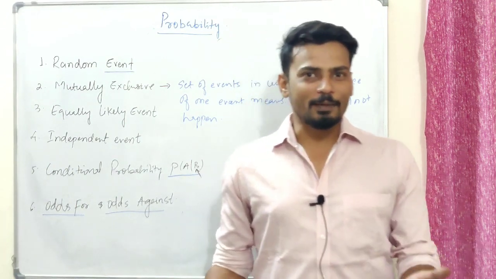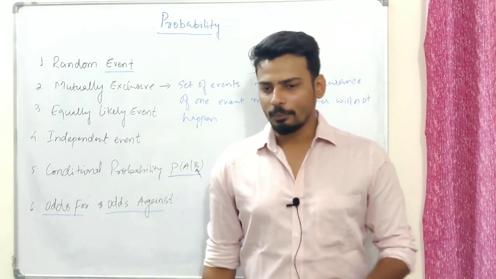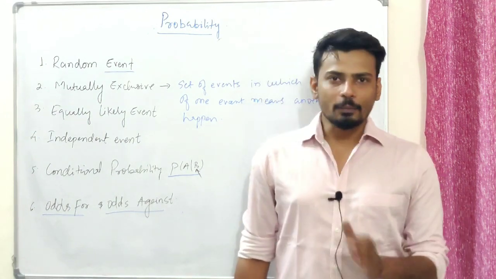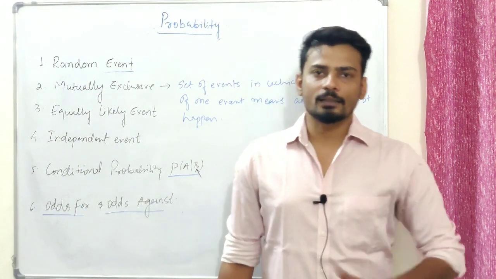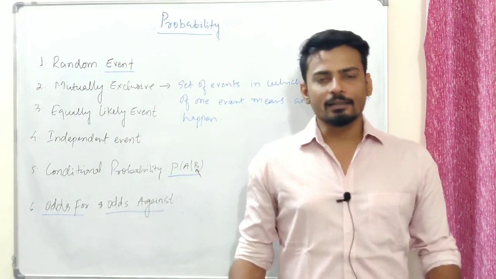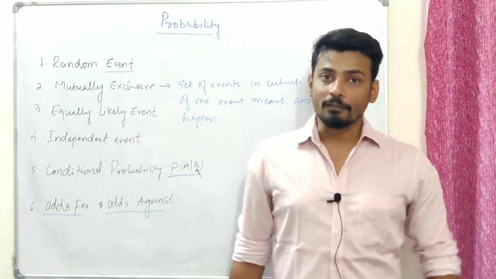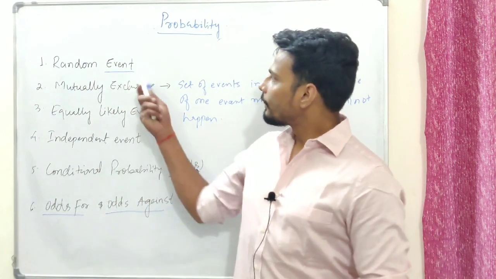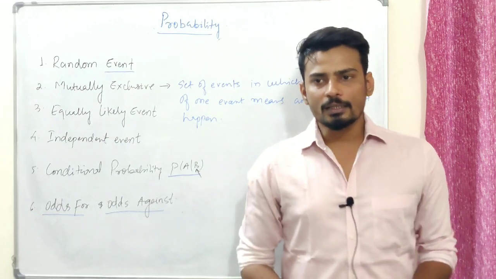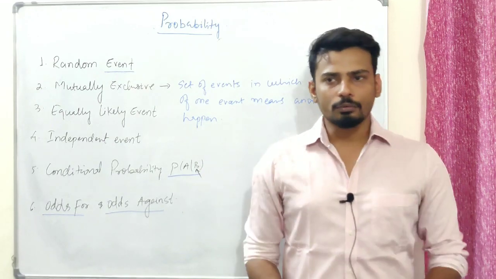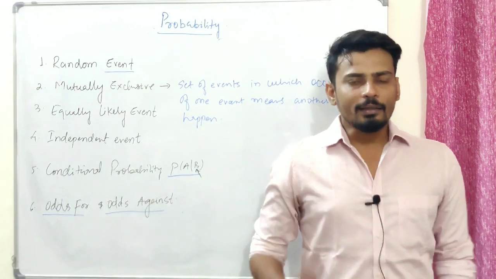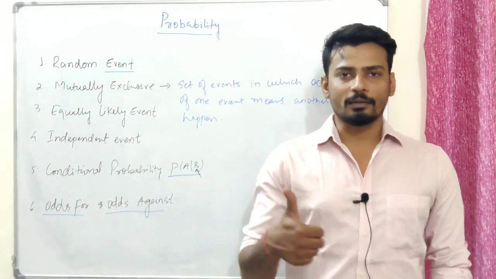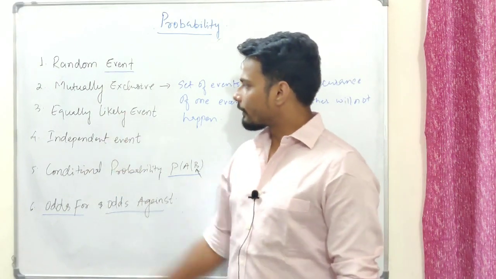Until Mama Shakuni is playing this Ludo, I'm sure you have heard about this in the Mahabharata. That was a biased dice. So when we talk about the unbiased dice, I have not biased my dice, it's unbiased. So if I throw a dice, I can get 1, 2, 3, 4, 5 or 6. And each of them has equal chances to appear, right? That's called an equally likely event.